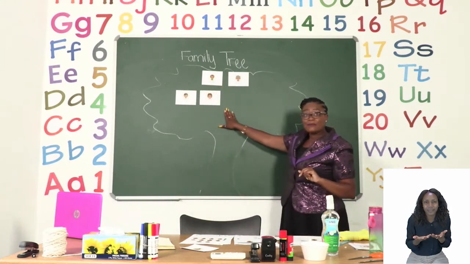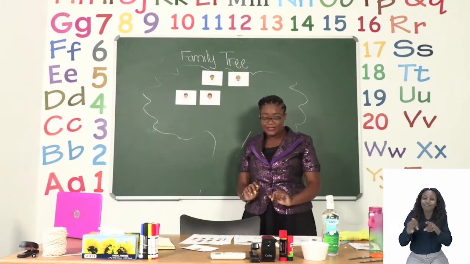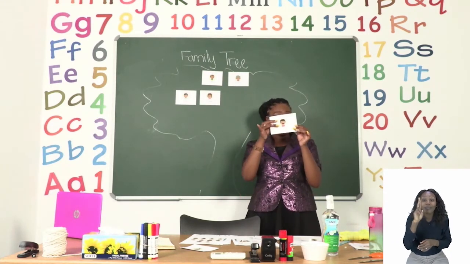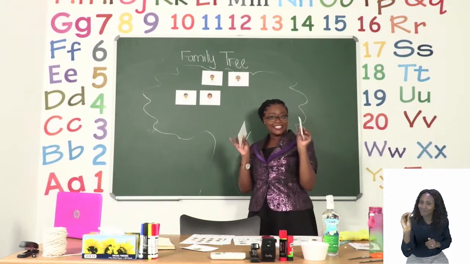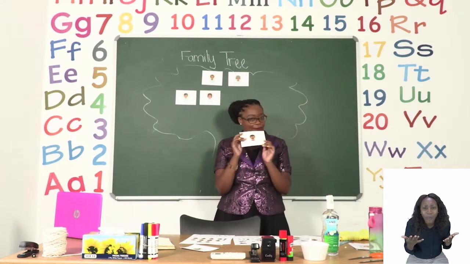Now in the same line, because this is the same family, we are going to put our uncle and our auntie. And where do they go? Where does uncle go?